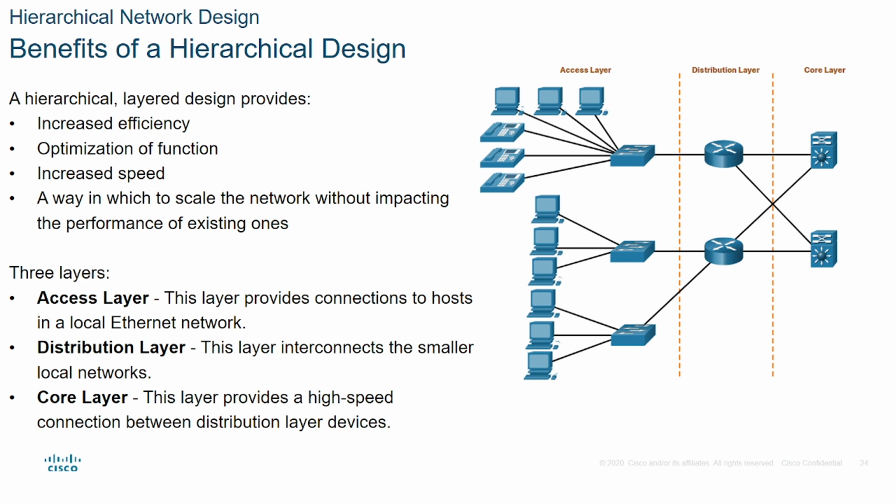This is where the host machines are connected to a particular switch. The distribution layer interconnects the smaller networks to each other, and the core layer provides a high-speed connection between distribution layer services. So the core layer is connected to the distribution layer, which is connected to the access layer, which is what connects to the host devices.